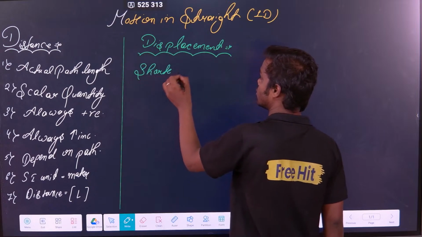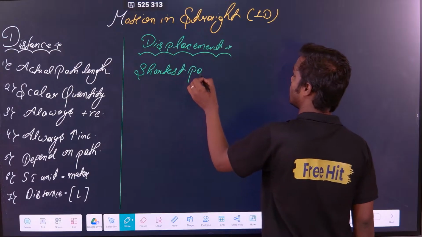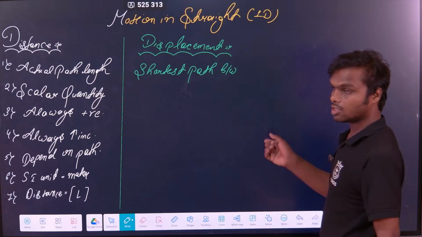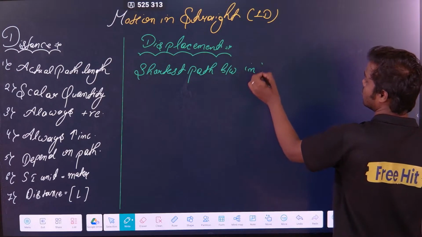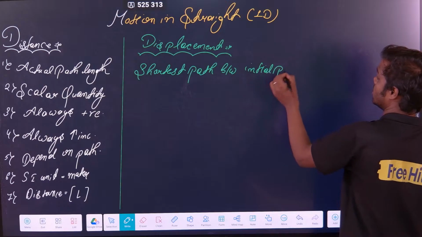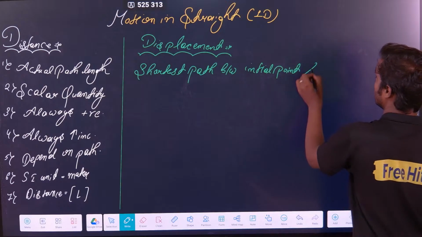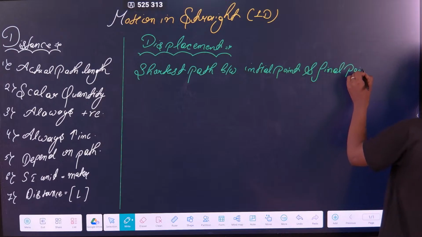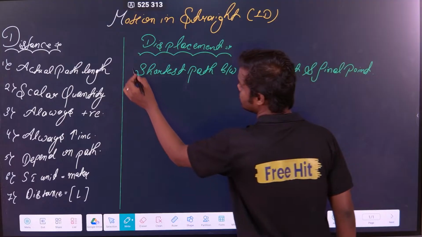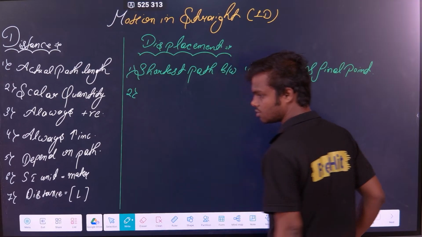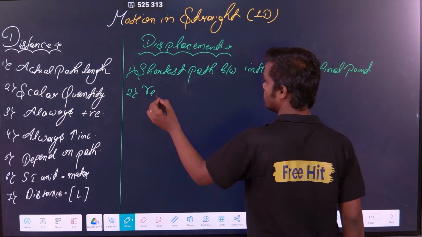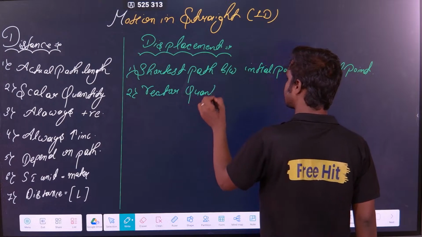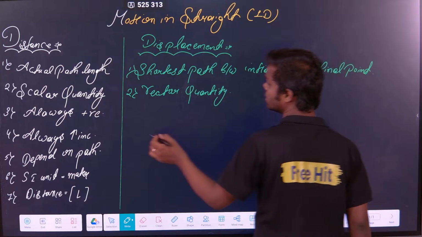If we talk about displacement, the first thing is that it is the shortest path between the initial point and final point. Clear? Second point, it is a vector quantity.